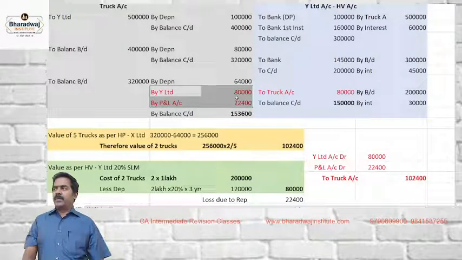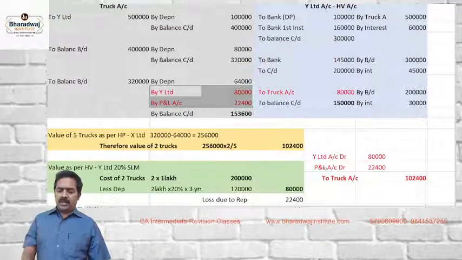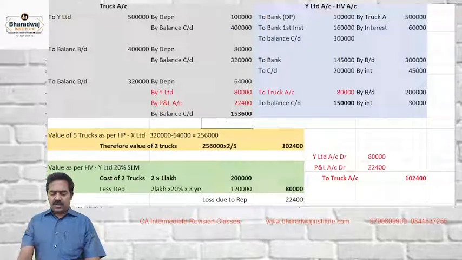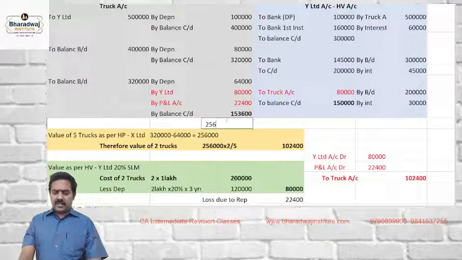By Y Limited, by which account? P&L account for the loss. You can cross verify this. This 1,53,600 is nothing but 2,56,000 into how many trucks left with us? 3 by 5.